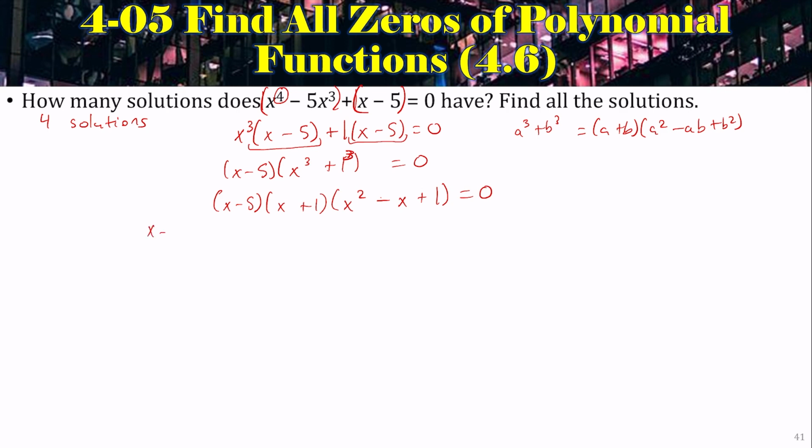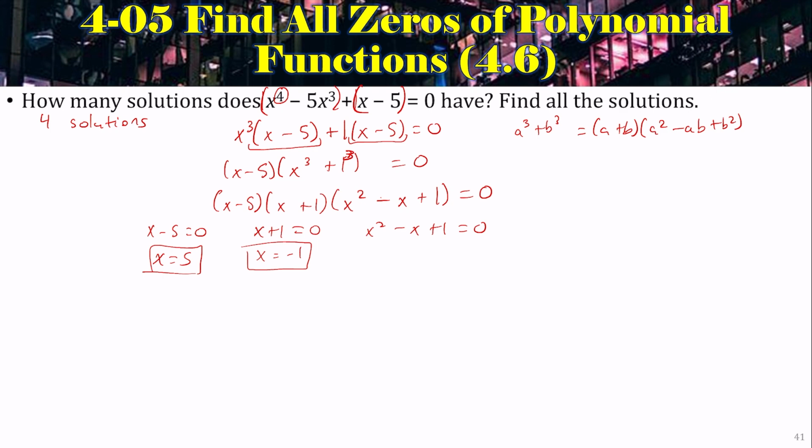So then we can take each of those equal to 0, and get x equals 5, x equals negative 1, and then we could try factoring this quadratic.